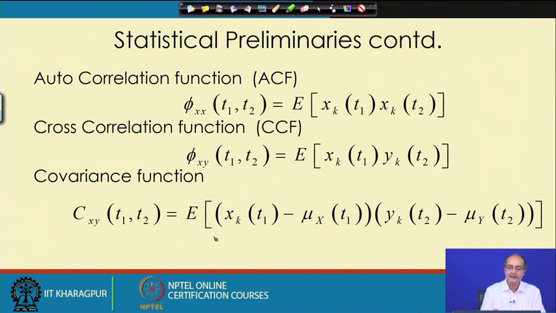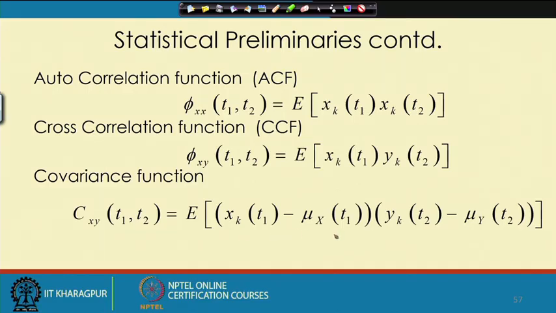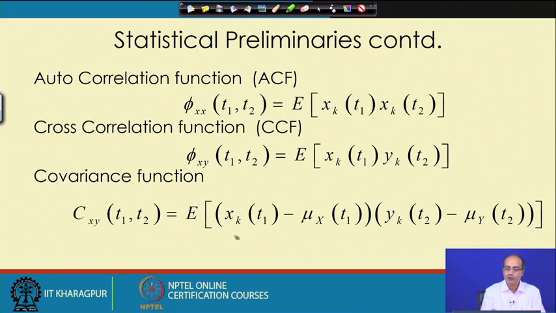Here covariance is taken between signal x and signal y, and as a special case, when both signals become the same, it gives us the variance of the signal. If it is zero mean, the covariance becomes the same as the cross correlation.